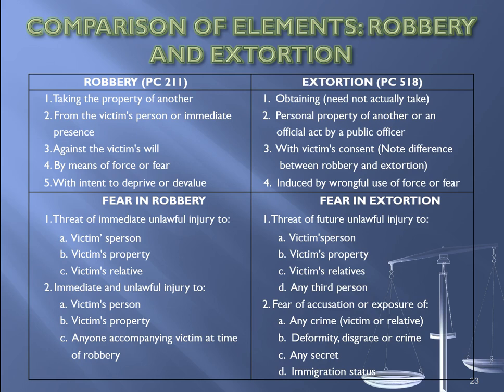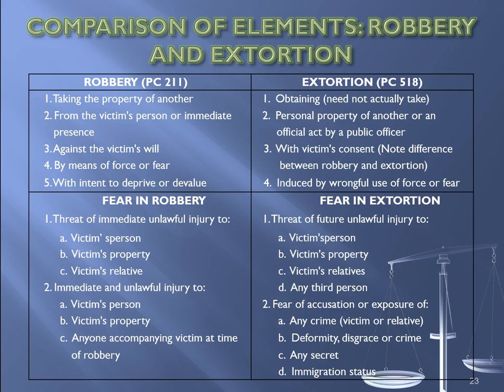So you can look at these side by side and you can look at the actual definition and the elements that are needed, and then the fear factor portion down below. So let's look at robbery on the left first.